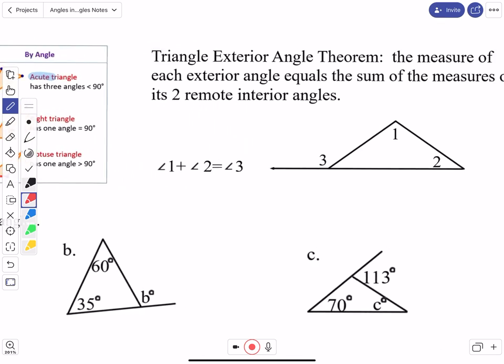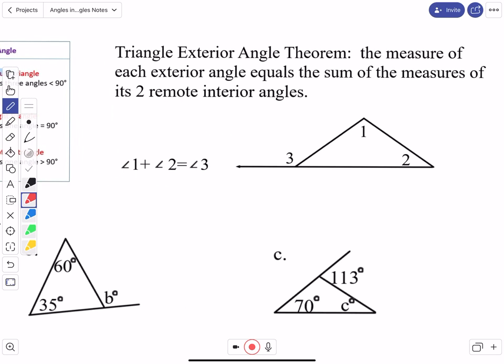The triangle exterior angle theorem just says that the measure of each exterior angle, so here's our exterior angle, equals the sum of the measures of its 2 remote interior angles. These would be those angles right there. So angle 1 plus angle 2 equals the measure of angle 3. It's just a quicker way of doing it.